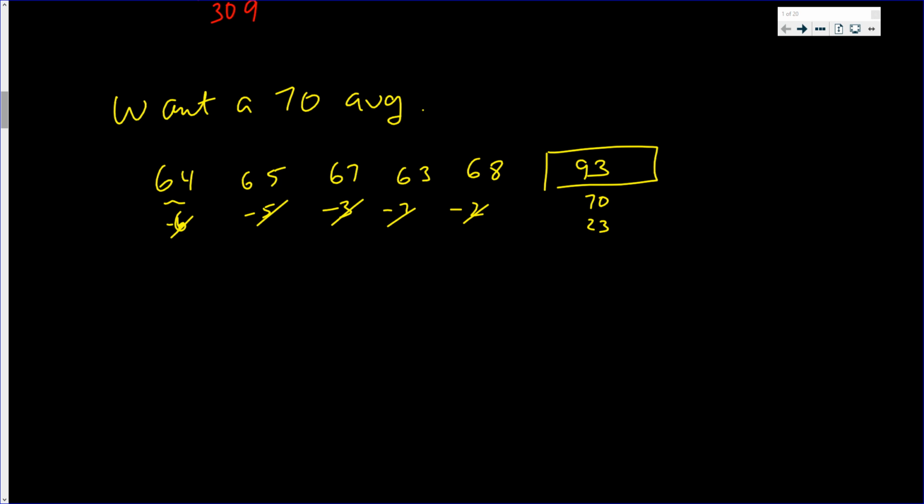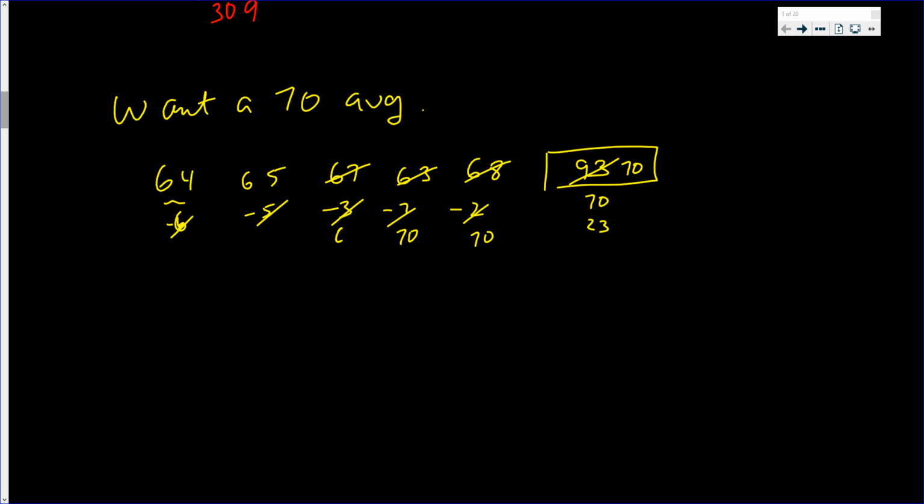You're going to have to get a 93 on the next test to have a 70 average. Why? Because if you take 23 away from here, you'll have 70. And if you add 2 here, you'll have 70. And if you add 7 here, you'll have 70.